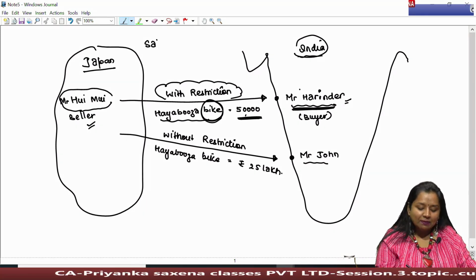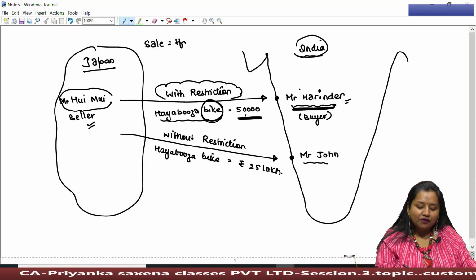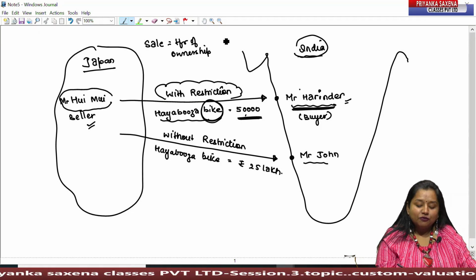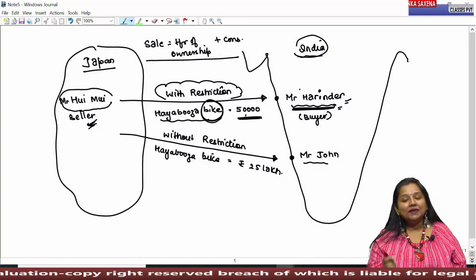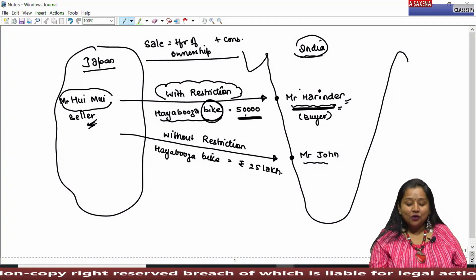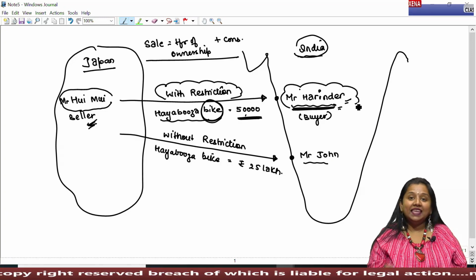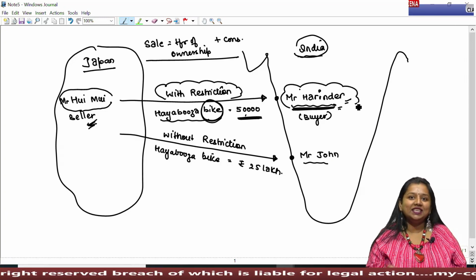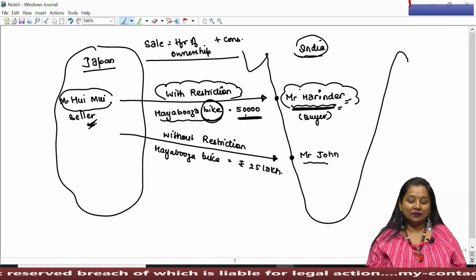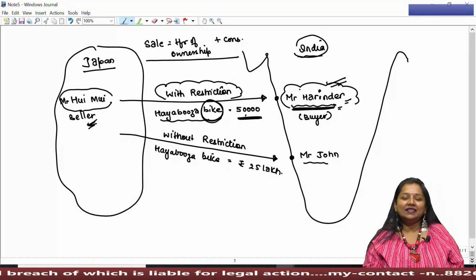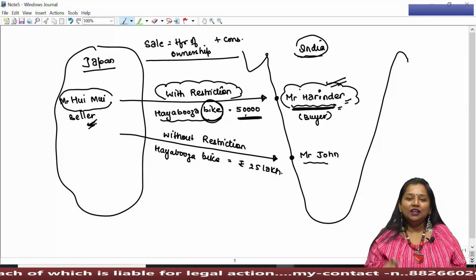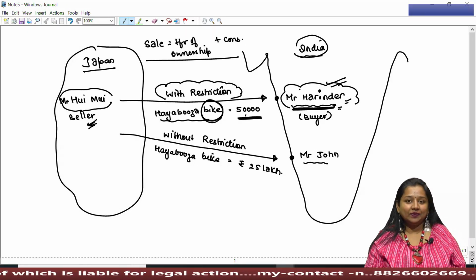Because sale means transfer of ownership for some consideration. And if Mr. Harinder has the ownership of this bike, then he has the right to use these goods as per his own desire. He can make any person sit behind his back on the bike without informing anyone.